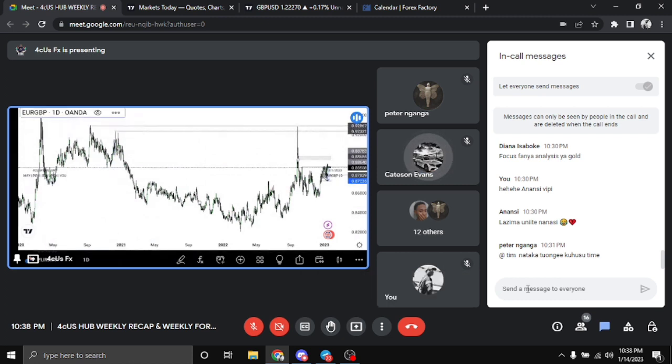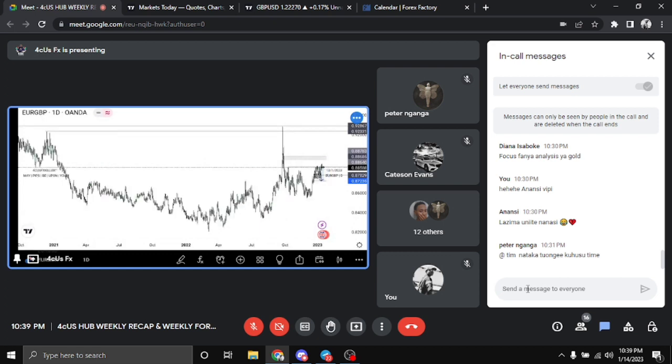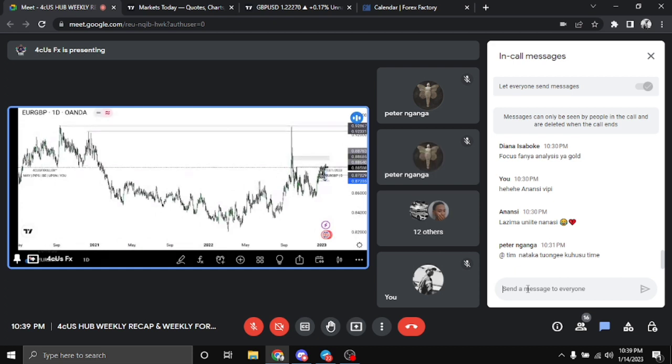And above every high and below every low, there's always liquidity resting. Liquidity is not only under a double bottom, double top, trendline liquidity or buy side. No. Below any high, below any low, expect some resting liquidity.